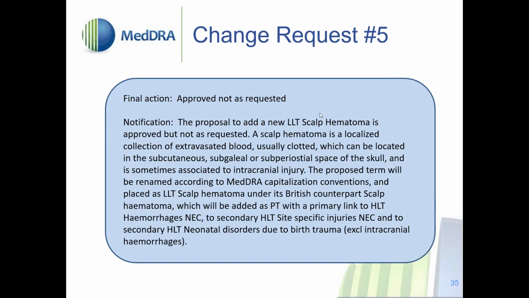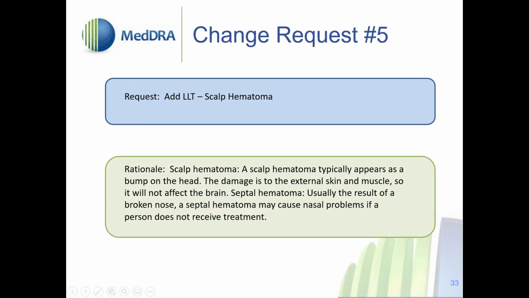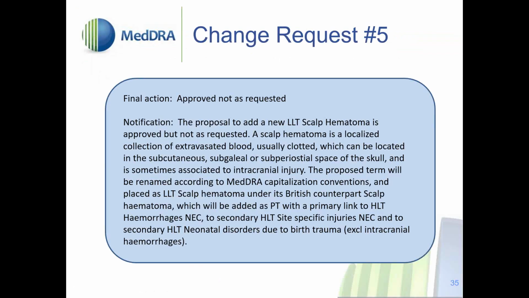So let me show again, Eva. It was requested with both words capitalized, and that's not one of our conventions. So that's the difference. Okay. If you want to avoid approve not as requested, talking about British English versus American English, you have the option to only request the term, and not add an LLT or add a PT.